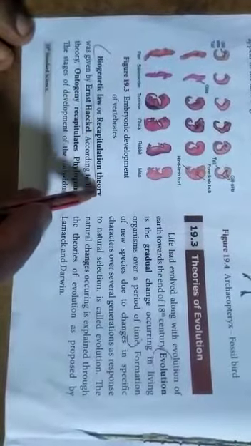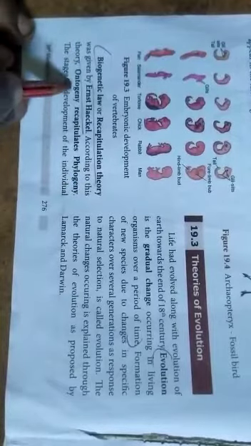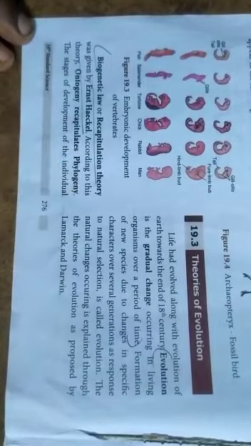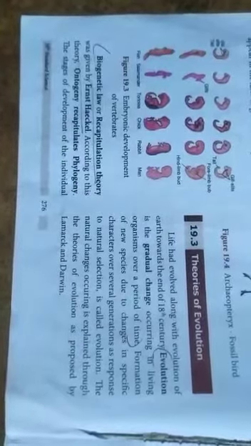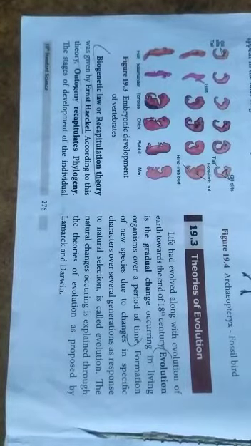Next is the biogenetic law or recapitulation theory, given by Ernst Haeckel. According to this theory, ontogeny recapitulates phylogeny. Ontogeny is the development of an individual organism. Phylogeny refers to the evolutionary history of a species, how the species is developing.